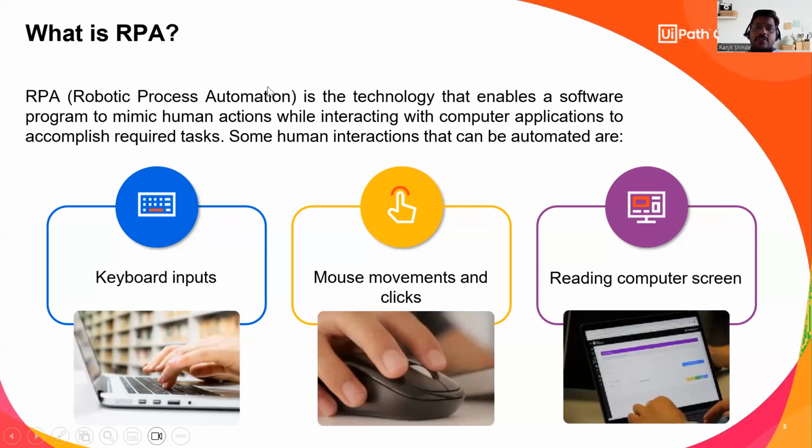And automation means without human intervention. Robotic process automation means it mimics the human action, doing a rule based task without human intervention.